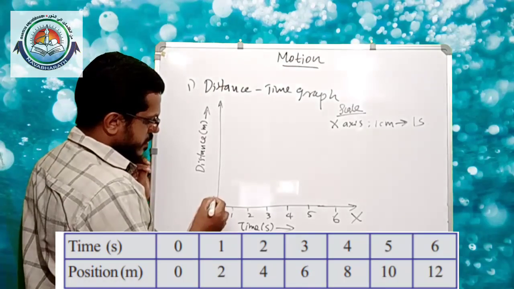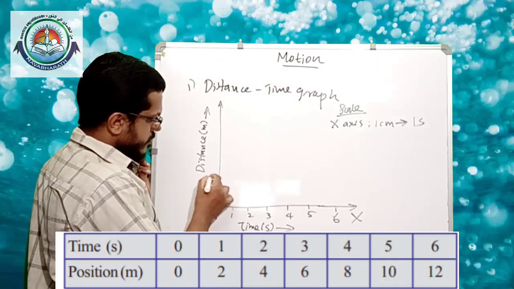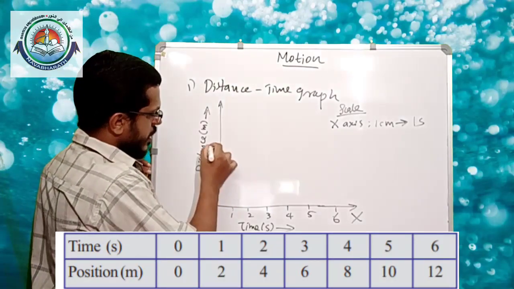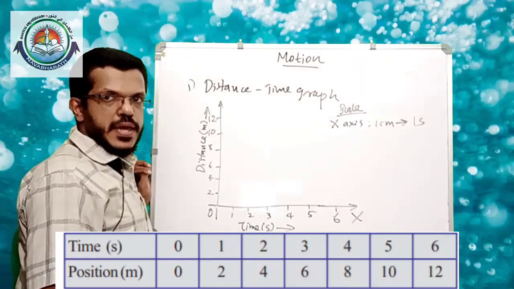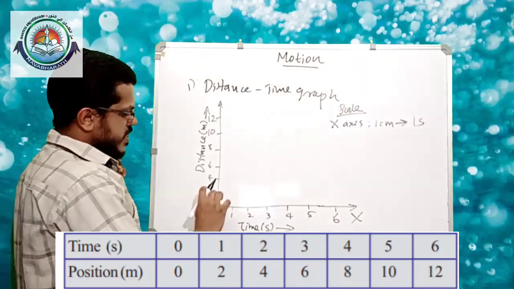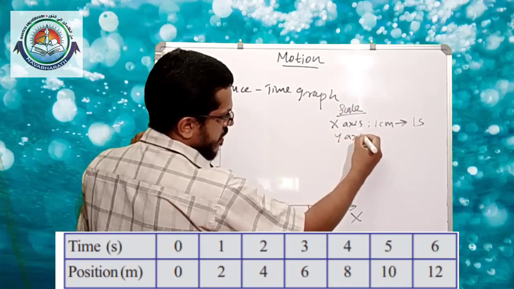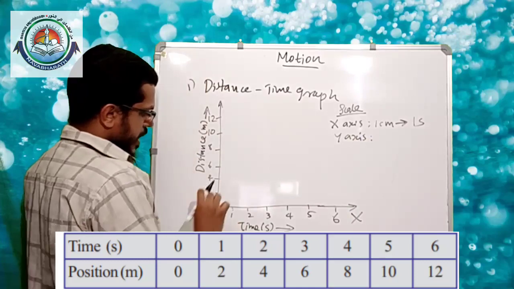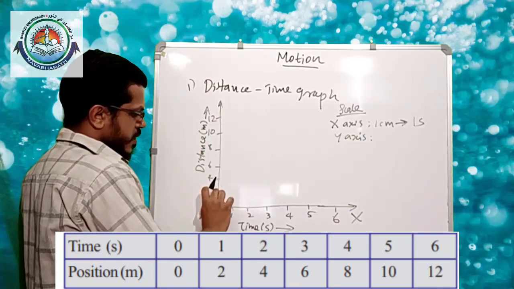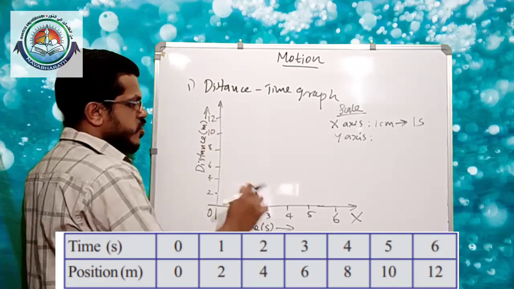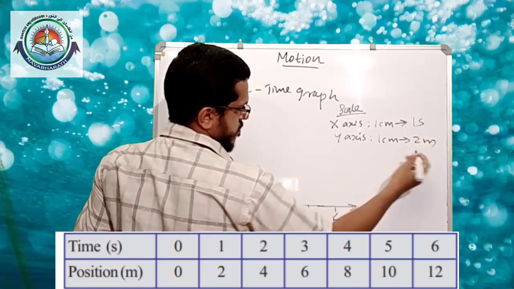here is 0, then 2, then 4, 6, 8, 10, 12. Okay. Then what is the scale of y-axis? Here 1 centimeter, not 1 meter, is 2 meter. 1 centimeter is equal to 2 meter.